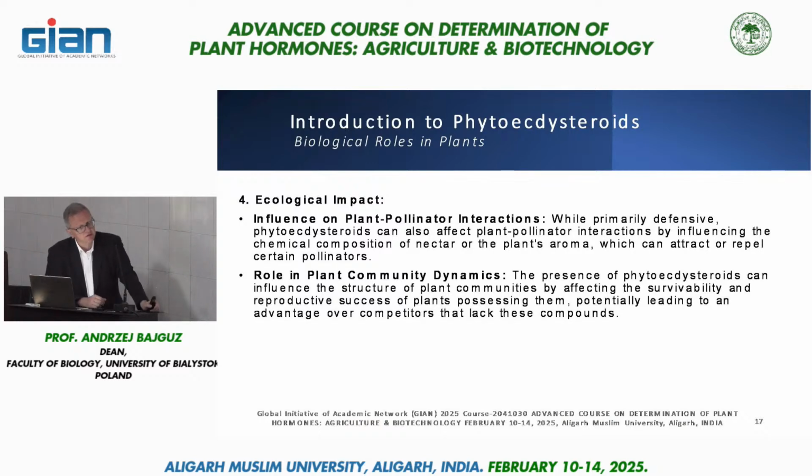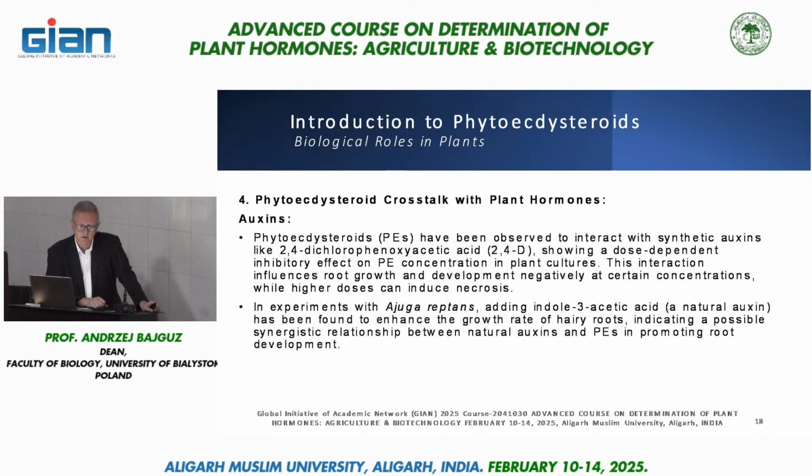How do they interact with plant hormones? While phytoecdysteroids are not classified as traditional plant hormones, their influence on growth, development, and stress responses suggests they engage in complex hormonal crosstalk within plants. Phytoecdysteroids can modulate auxin signaling, although their effects depend on concentration.